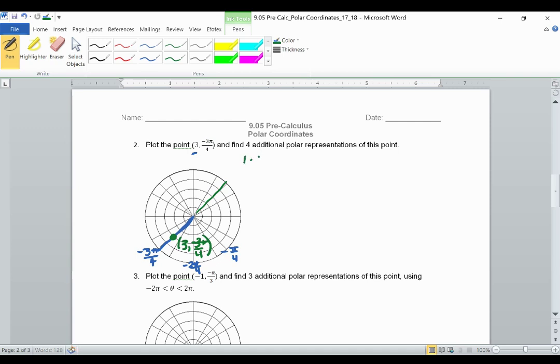So 1, I'm going to take this green point and I'm just going to add 2 pi to theta. So I'm going to keep my r the same as 3, and I'm going to take negative 3 pi over 4 plus 2 pi.